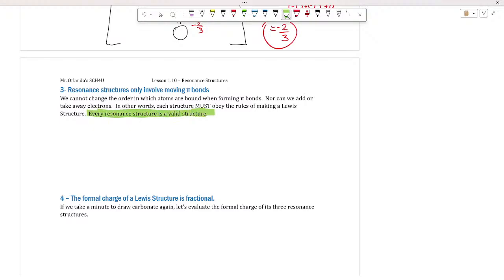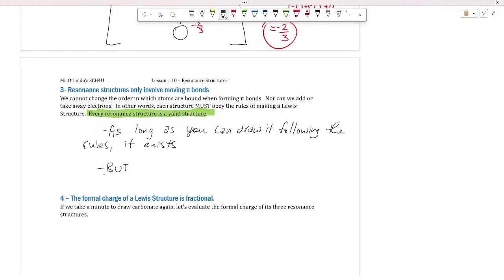So as long as you can draw it following the rules, it exists. But we only report structures with the lowest formal charges.